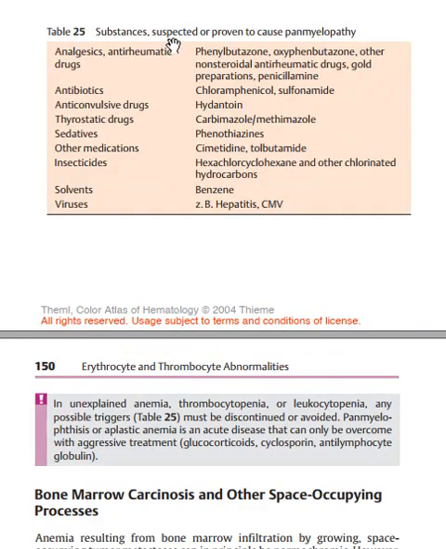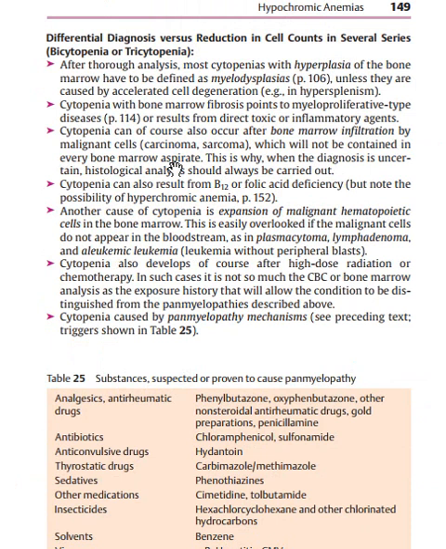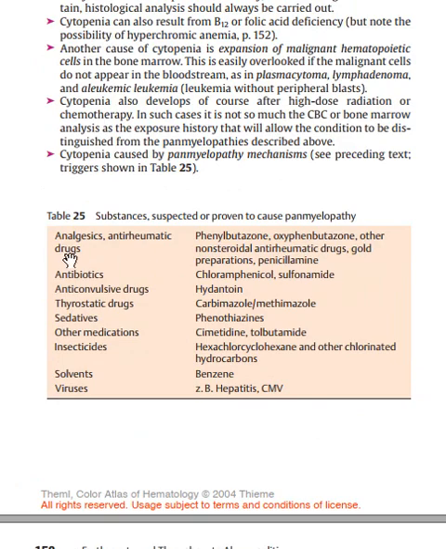Now, you have substances suspected or proven to cause myelopathy, and these are all the mechanisms via which panmyelopathy can occur. Among the substances that have been proven, we have drugs. We have analgesics, and anti-rheumatic drugs can be involved. You have antibiotics, for example chloramphenicol and sulfonamide.